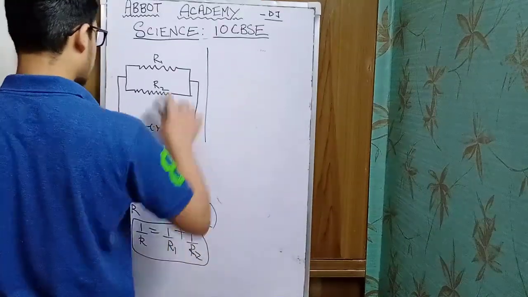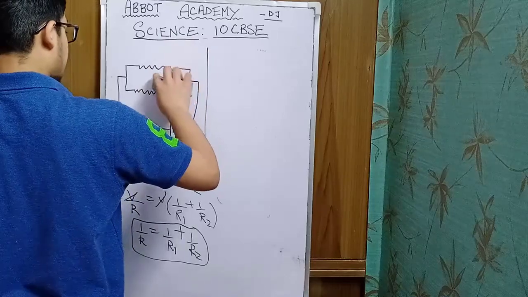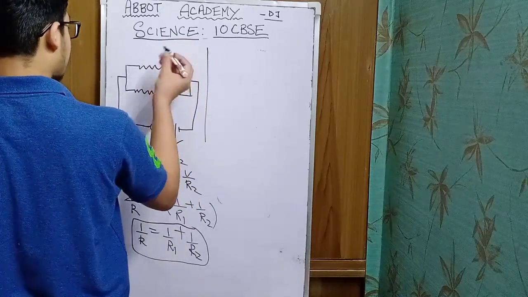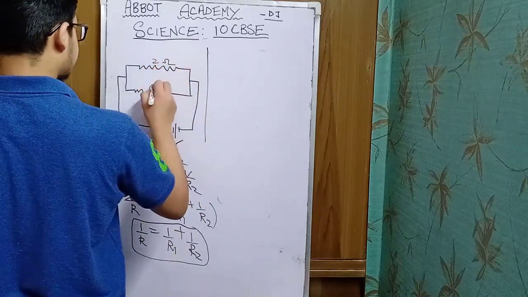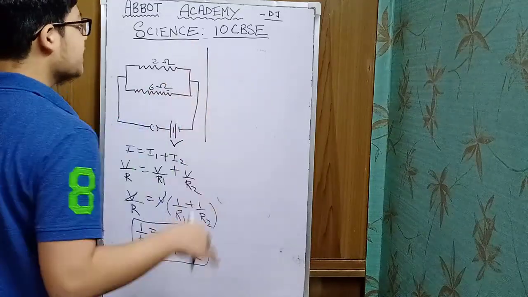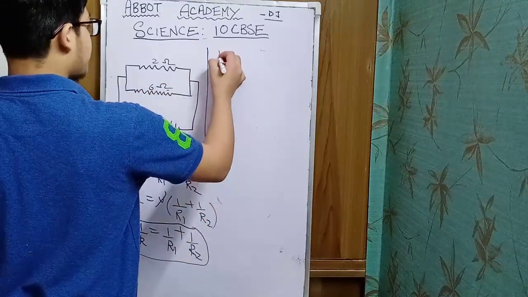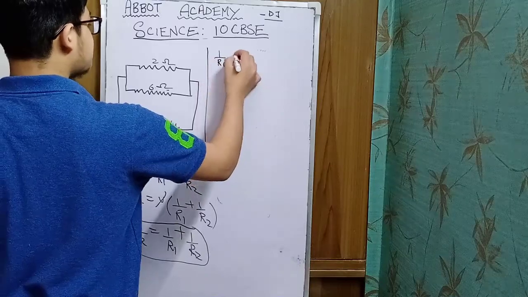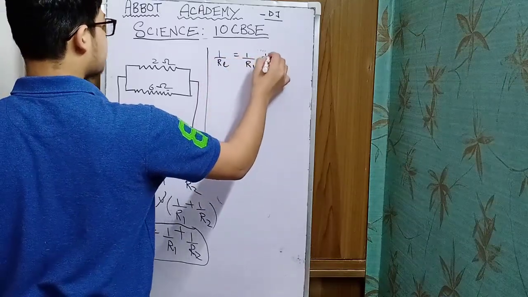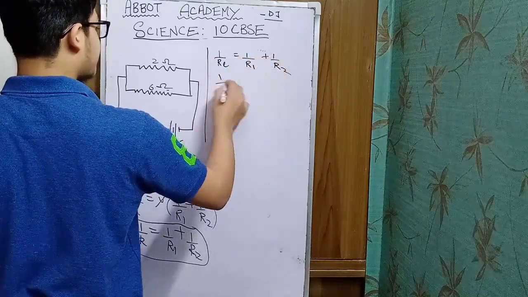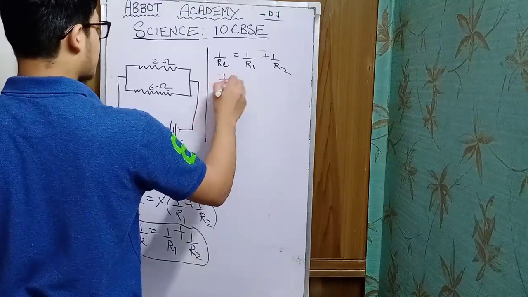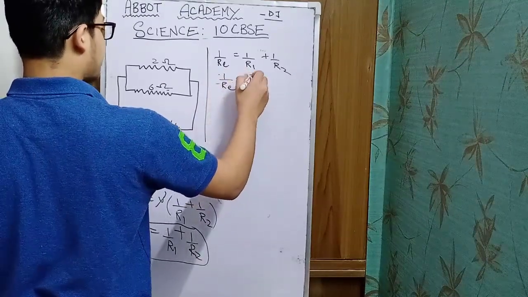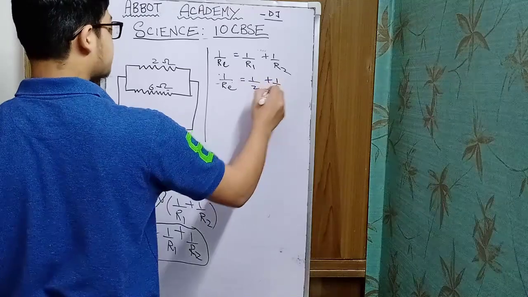Simple numerical. Let us take the resistances to be again 2 ohm and 6 ohm. Now what will be the equivalent resistance? Here in this case, 1 by Re will be 1 by 2 plus 1 by 6.